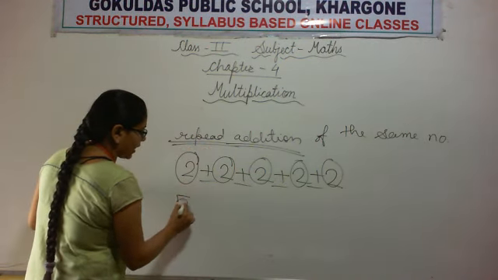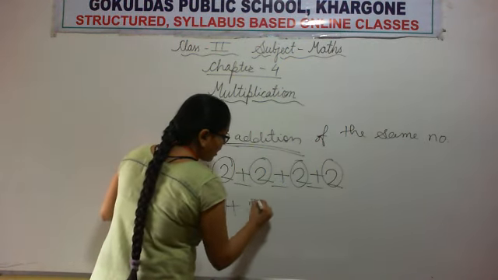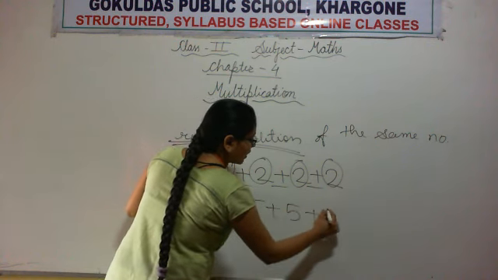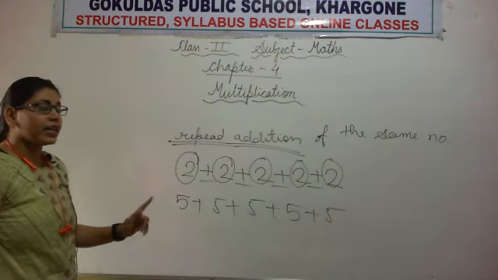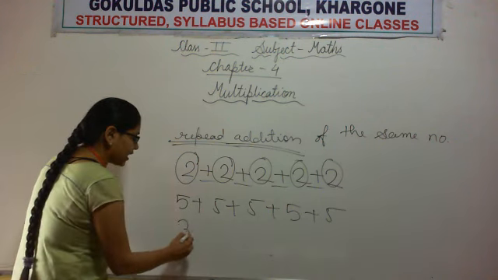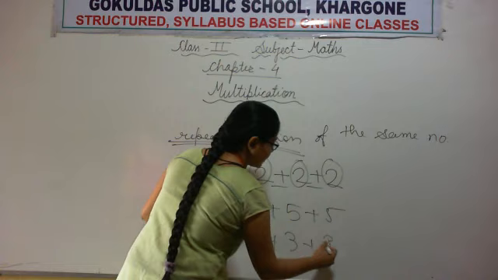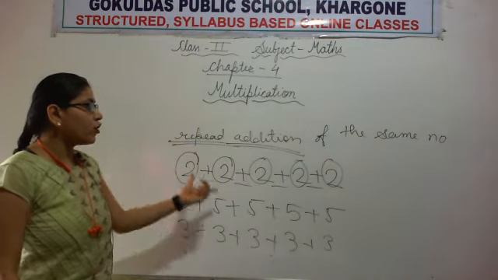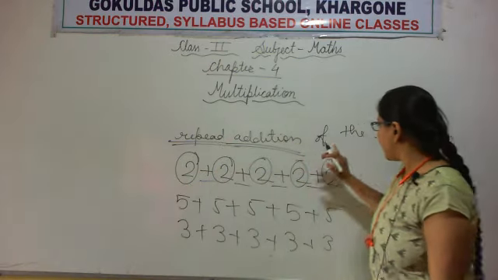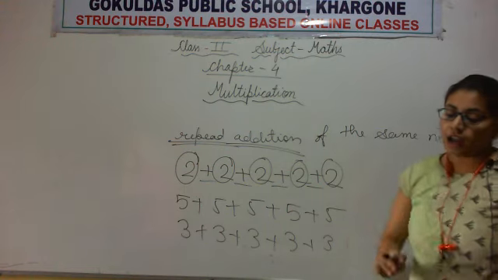It means if we are adding 5, then we will add 5 repeatedly. If repeated addition of 3 is there, then 3 plus 3 plus 3 plus 3 plus 3.